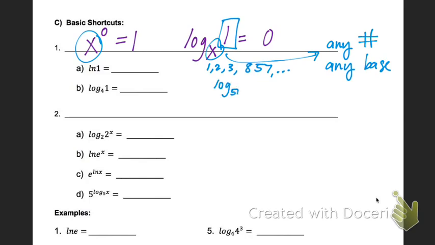So like log base 50 of 1 is 0. Log base of 10 of 1 equals 0. So the first rule is log or ln of 1 is always 0. So these answers are both 0.